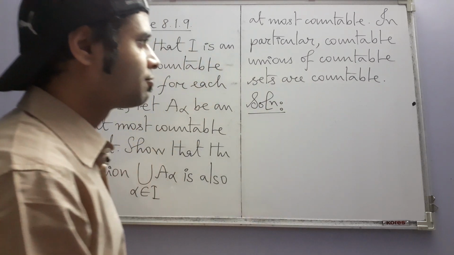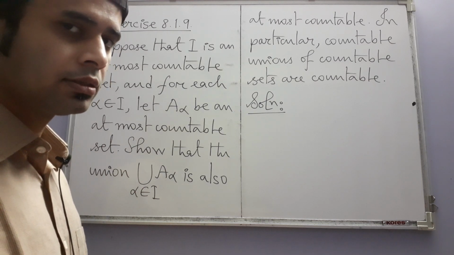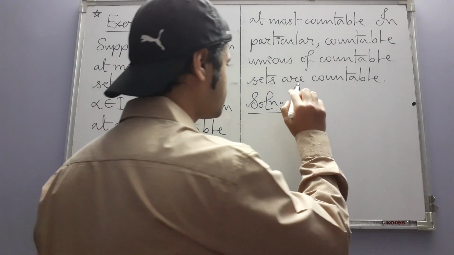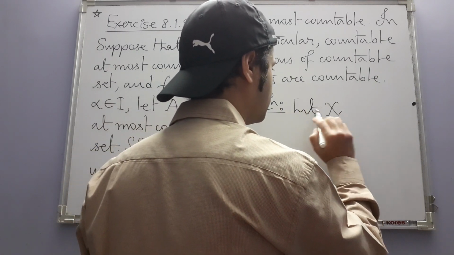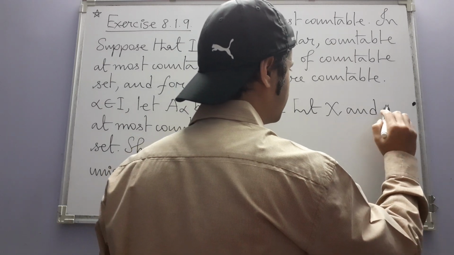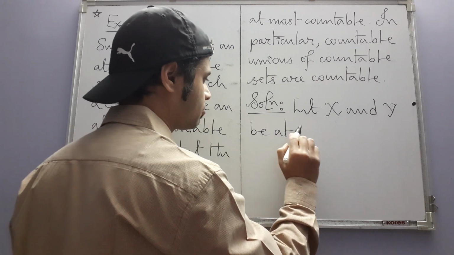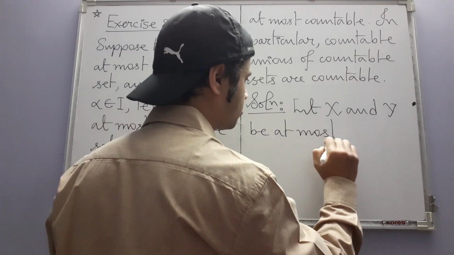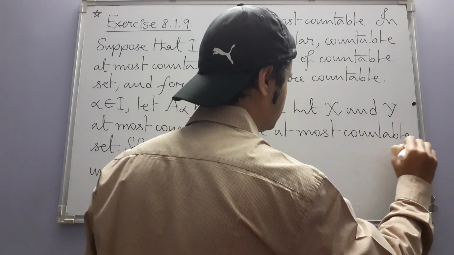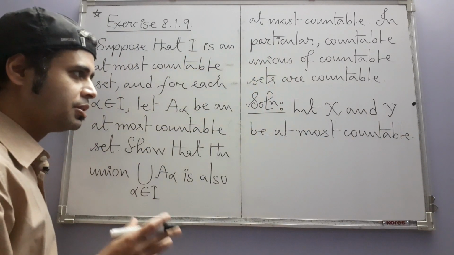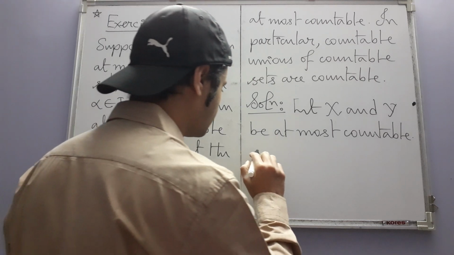So we start off by showing that the union of two at most countable sets is at most countable. So let x and y be at most countable. That means each one of them is either finite or countable.